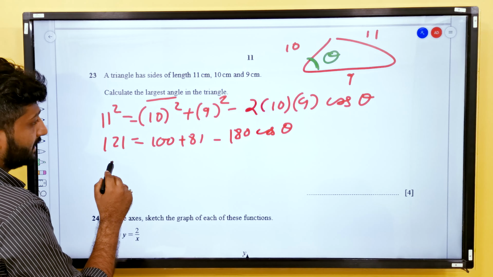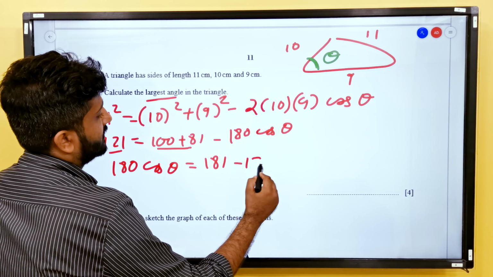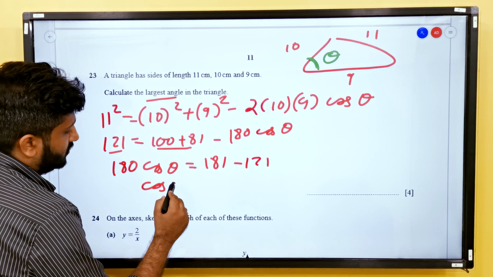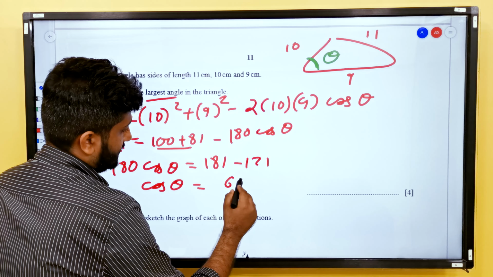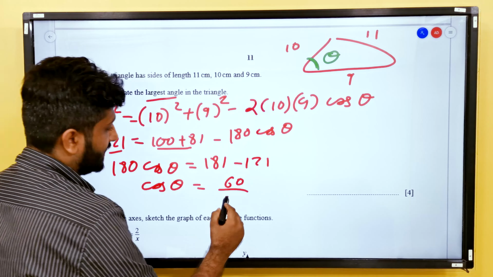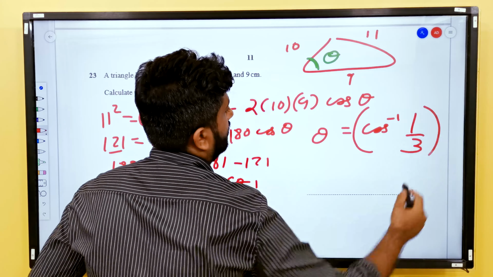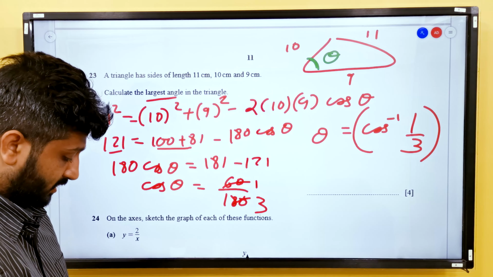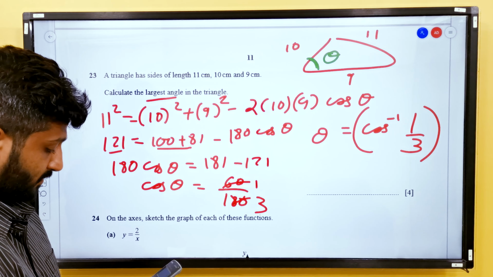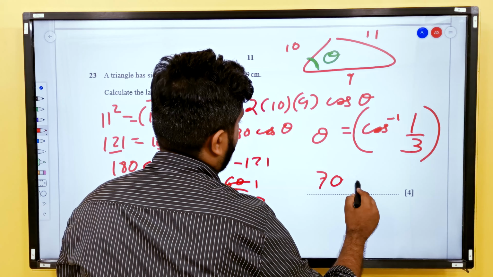So just let me rearrange. 180 cos theta is equal to 181 minus 121. So cos theta is 60 upon 180. So theta is going to be cos inverse 1 by 3. So cos inverse 1 by 3 is nothing but 70.5 degrees.